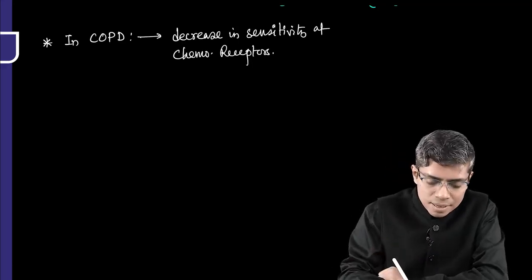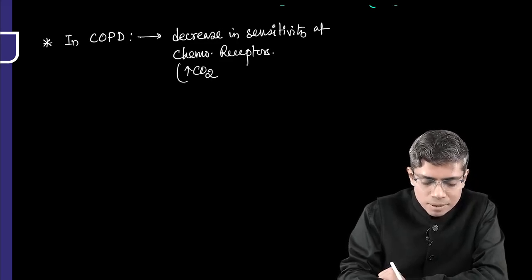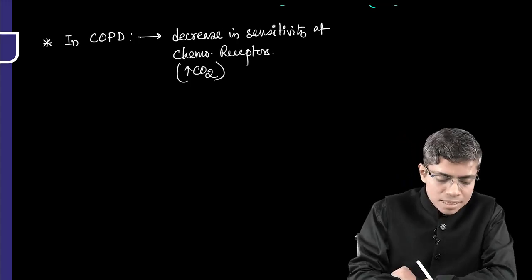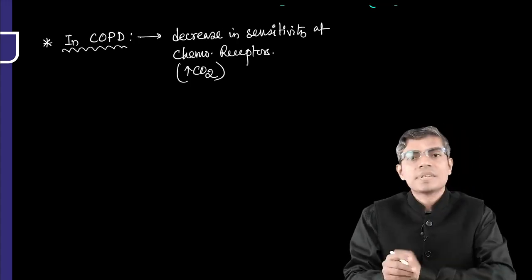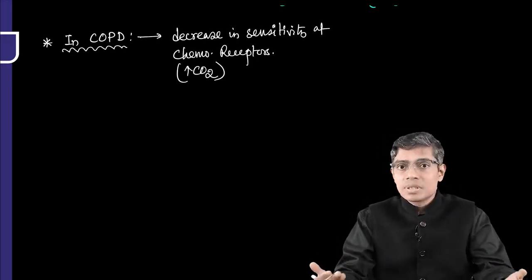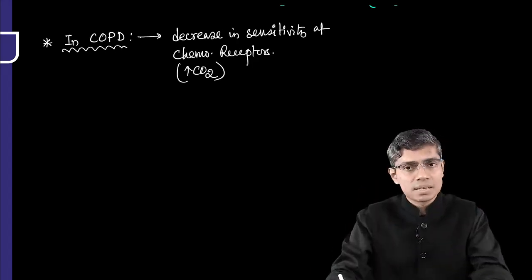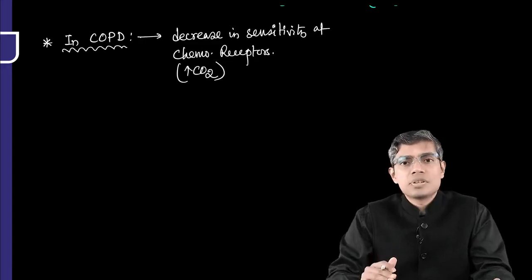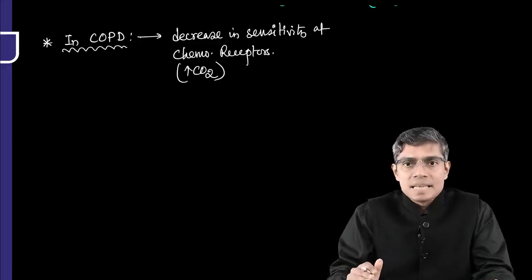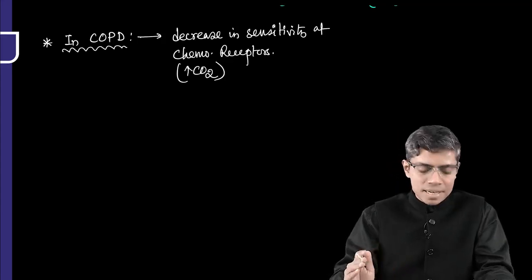That's why we have seen that there will be an increase in carbon dioxide accumulation in a chronic COPD patient, because the peripheral chemoreceptor is desensitized. Otherwise, if the carbon dioxide is high, the peripheral chemoreceptor will be stimulated and the patient will hyperventilate to blow off the carbon dioxide. But in case of COPD, because of the chronic nature, because of the chronic hypoxia, the receptor gets desensitized.